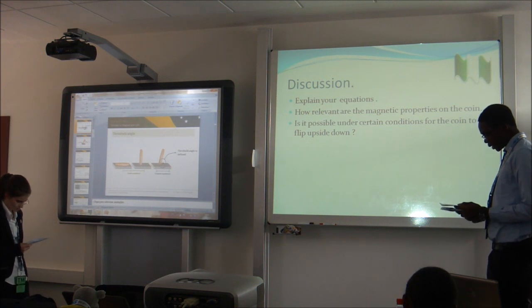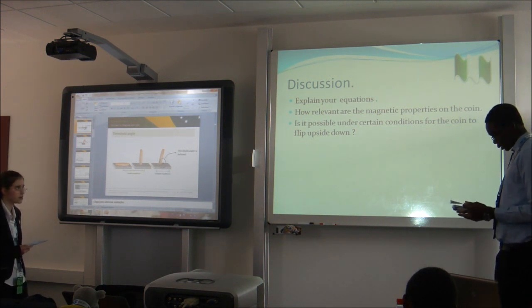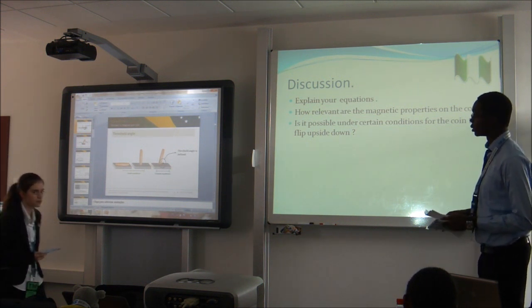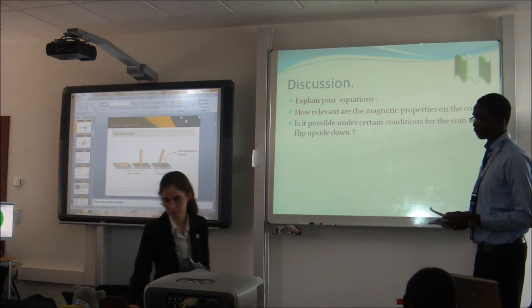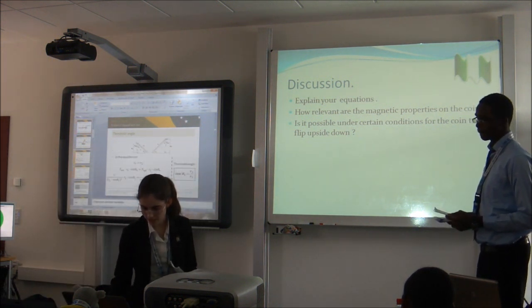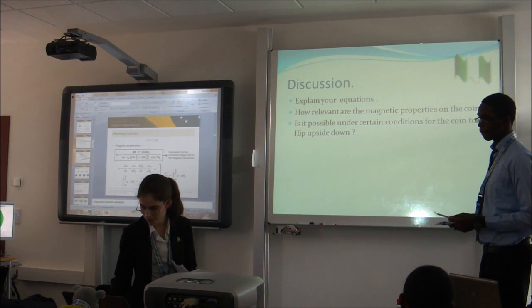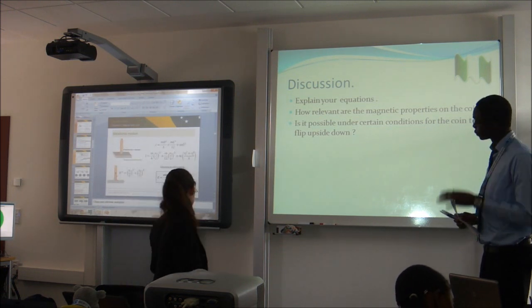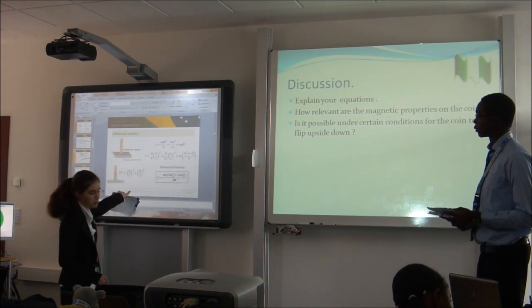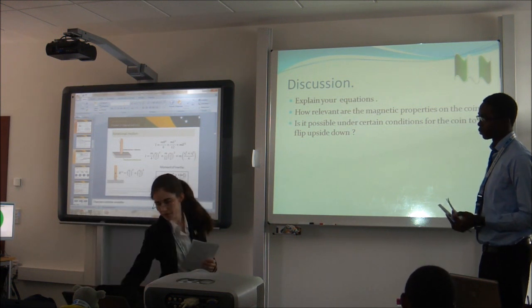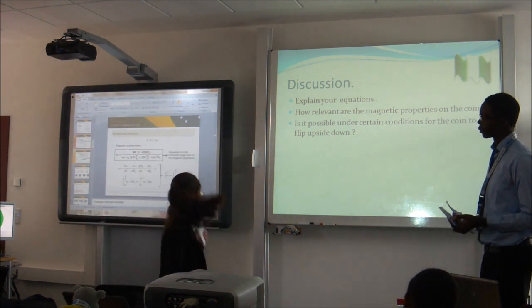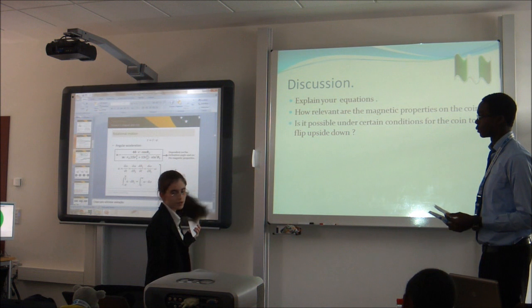What parameters of the magnet are relevant, like the mass, moment of inertia, and so on? Of course, the moment of inertia is important, and we used the parallel axis theorem to get it. Then we apply it to our mathematical model for the angular acceleration.